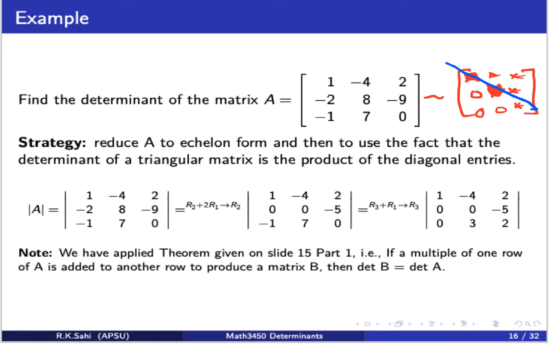So when I have this matrix, remember what the first theorem on the previous slide was saying: if you multiply a row by a non-zero number and add it to another row, the determinant will always remain the same. So if I'm making an echelon form, I would try to get this 0 and this 0 and this 0.